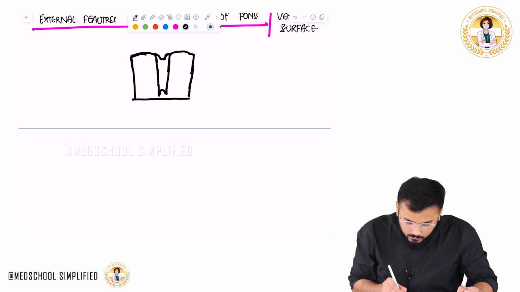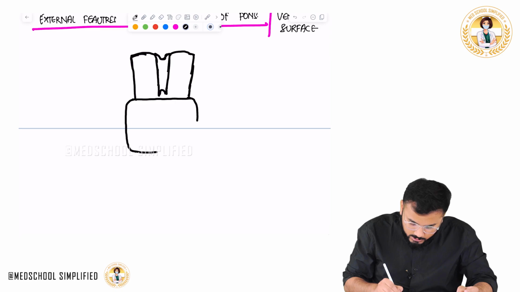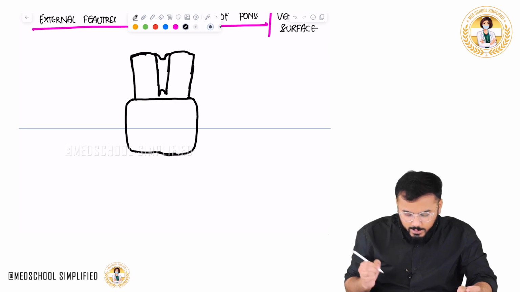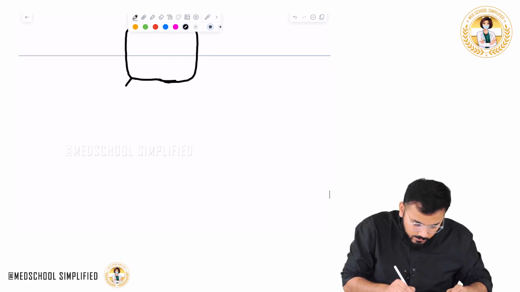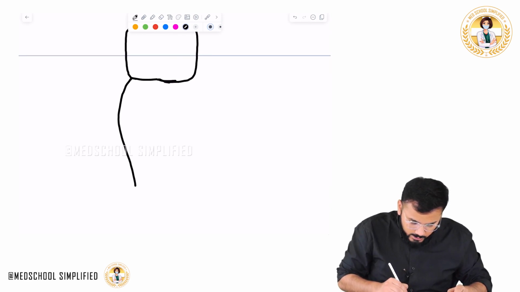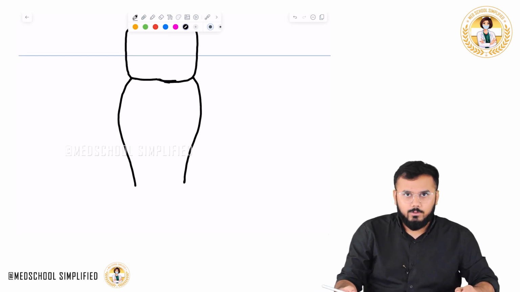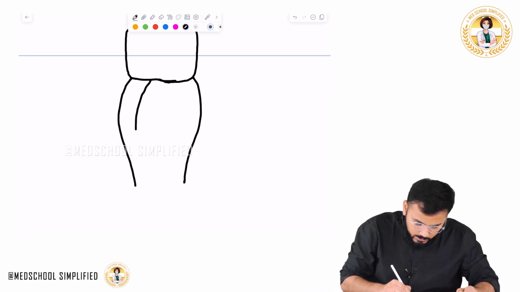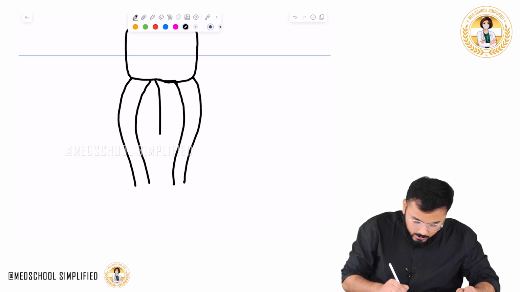Next, just beneath the midbrain, this structure which I am drawing right now is called your pons. Just beneath the pons, here we have got another structure which I am drawing like this. This structure is called your medulla oblongata.